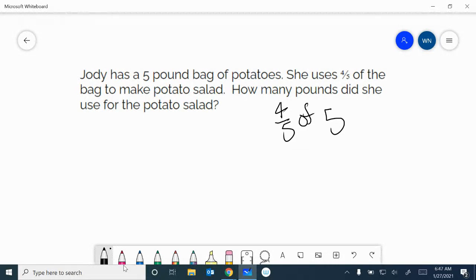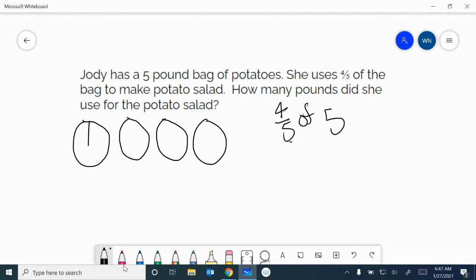For this one, since 5 is my denominator, I know I need to divide my circles into fifths. Go ahead and draw my circles there. And let's separate into fifths, so it's going to look kind of like a star or a person standing there. Oh, whoa, don't draw a person. There we go.